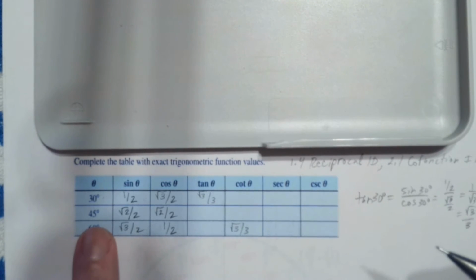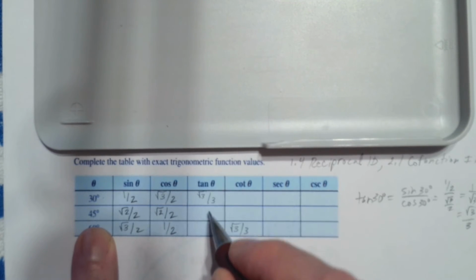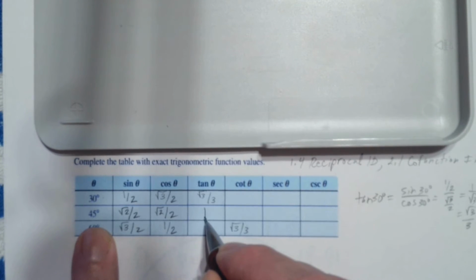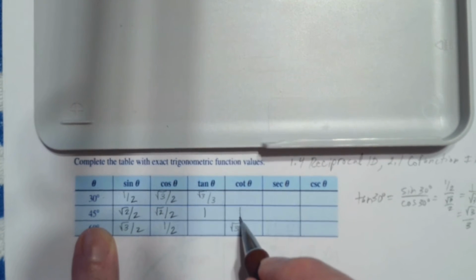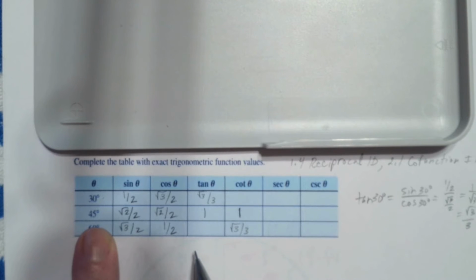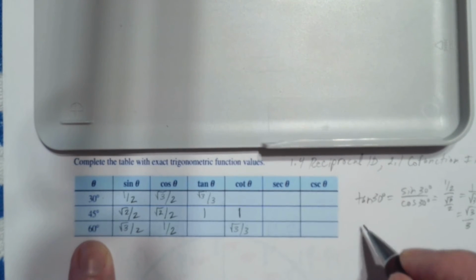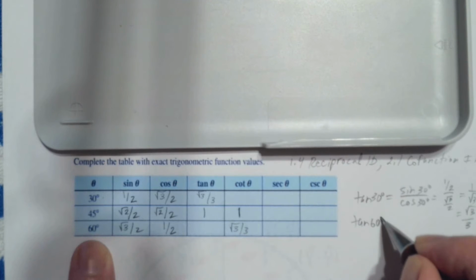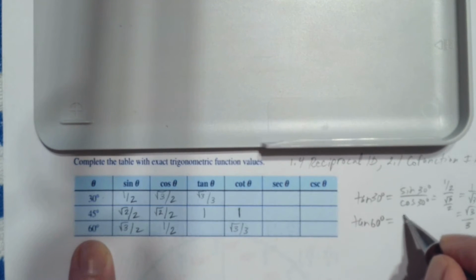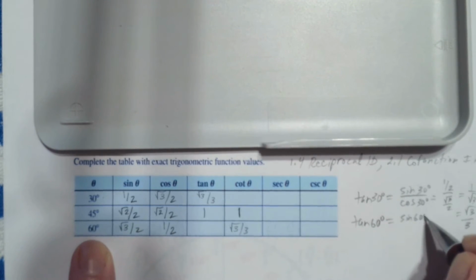Let's look at tangent of 45 degrees. It's going to be sine over cosine. They're both the same, and so we're going to get 1. And we know that these are reciprocals. The reciprocal of 1 is 1. And then let's go to tangent of 60 degrees. It'd be similar: tangent of 60 degrees would be sine over cosine of 60 degrees.